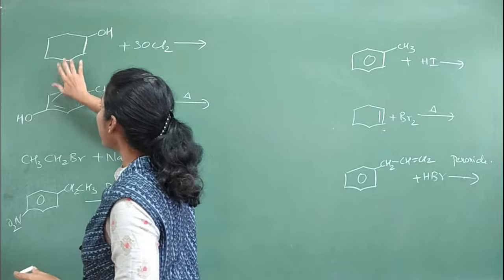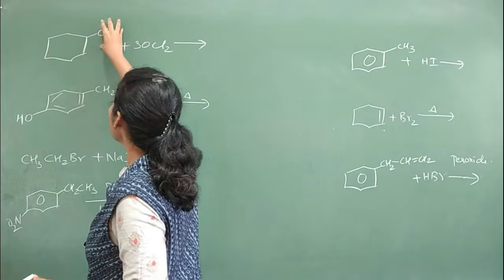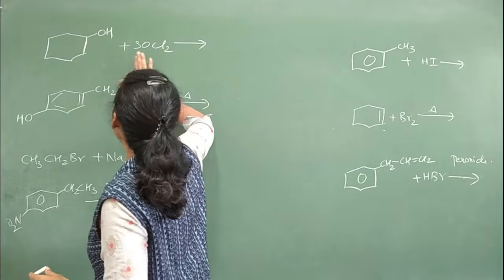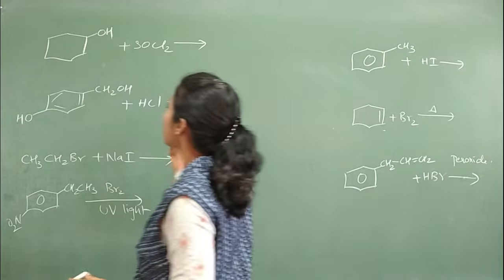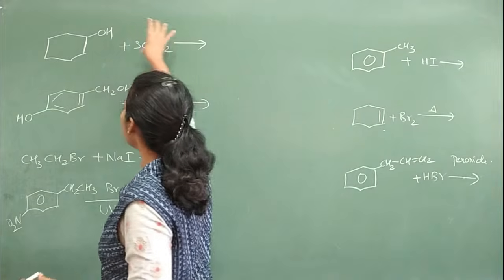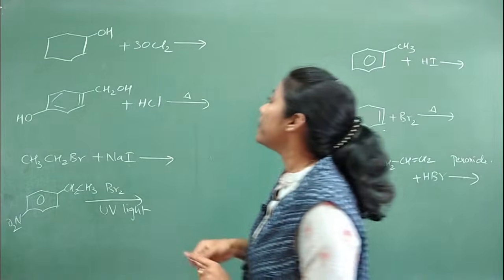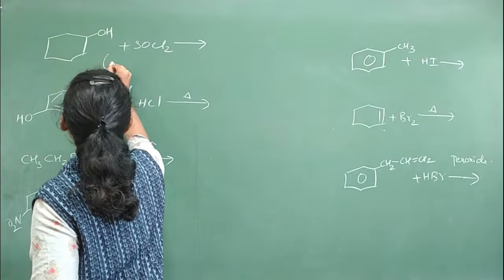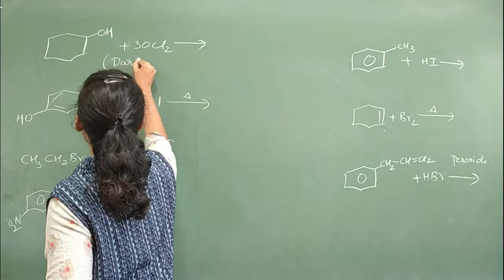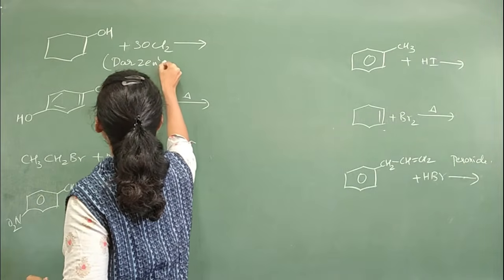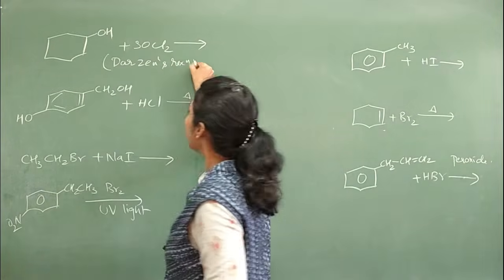So this is cyclohexanol, right? So you have an alcoholic group and SOCl2. The moment alcohol is there and SOCl2, that is thionyl chloride, is there, definitely this is nothing but Darzens reaction, right? So what do you mean by Darzens reaction here?